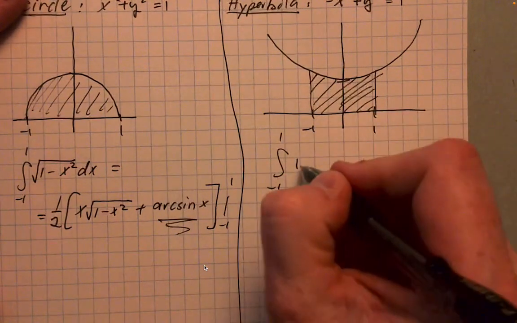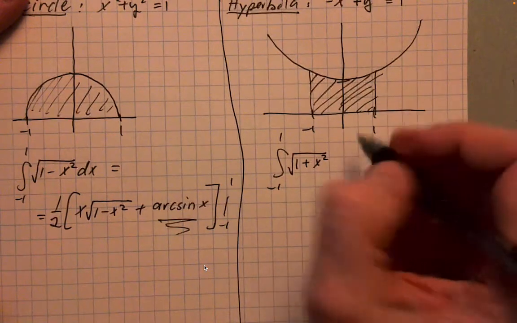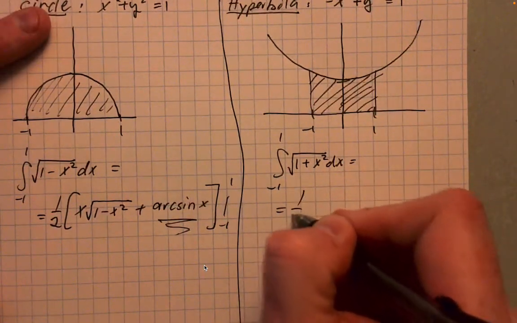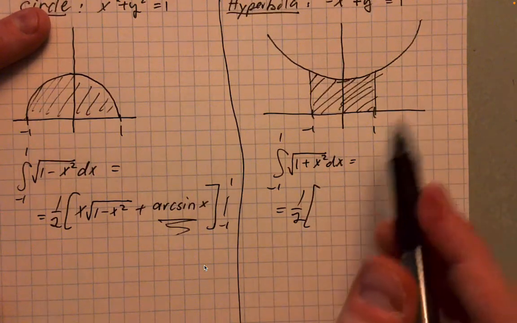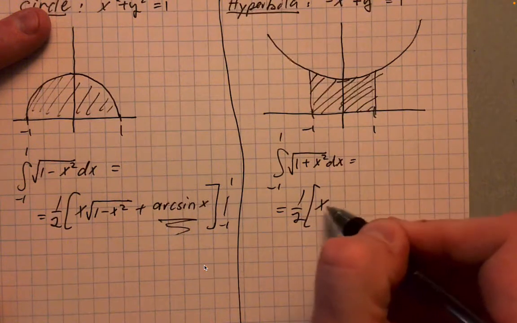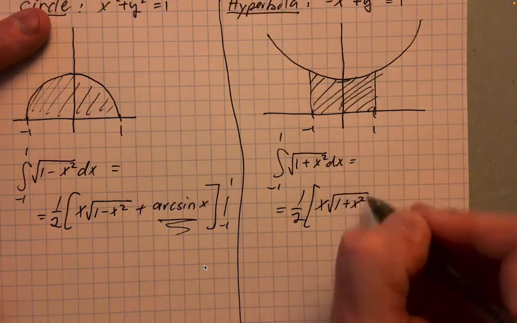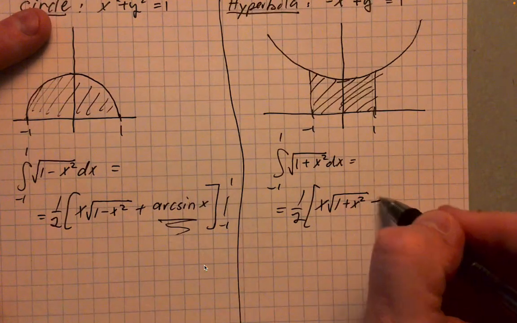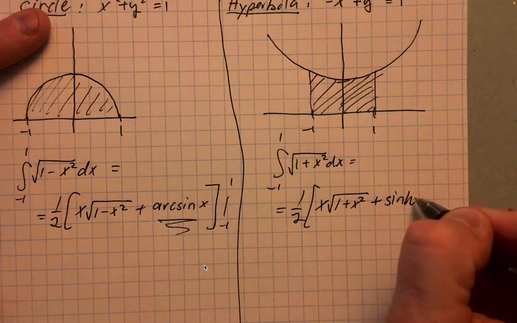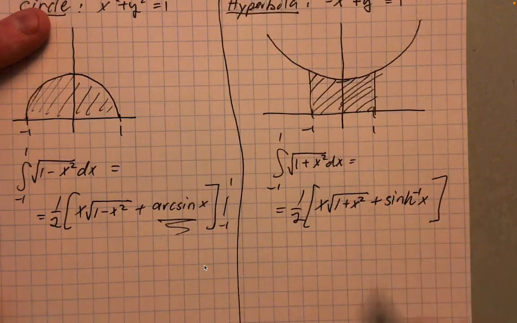And then the integrand would be the square root of 1 plus x squared dx. Right? And then again, I'm not going to work it out here, but what you would find is that this is equal to 1/2 times x times the square root of 1 plus x squared. So similar to what we have over here. And then this other piece would be hyperbolic sine. Oh, sorry, the inverse of the hyperbolic sine. Okay.